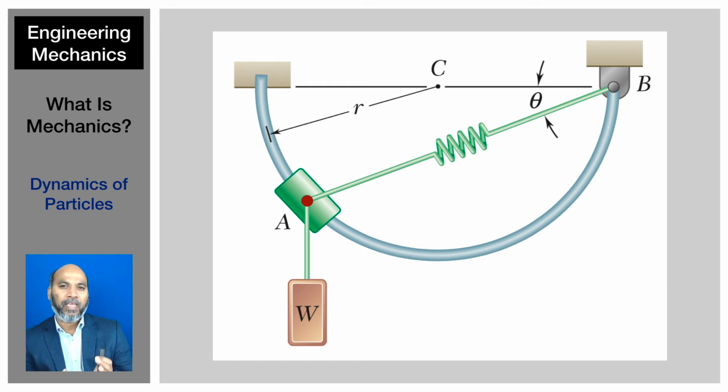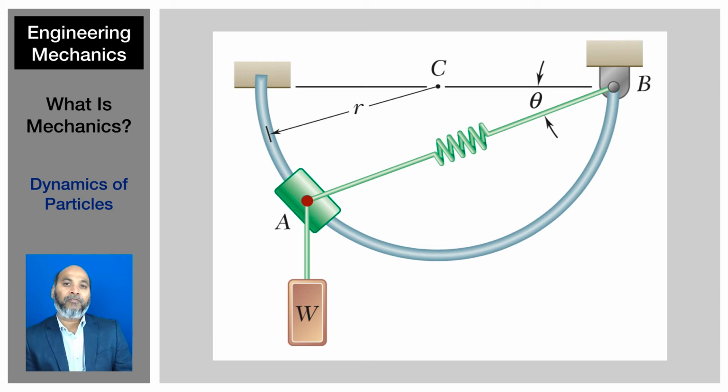Therefore, there will be a position of the point A where the whole thing comes to an equilibrium. That is, we must find the position of the point A at which the whole system will be in equilibrium. That's the sort of problem we're looking at.